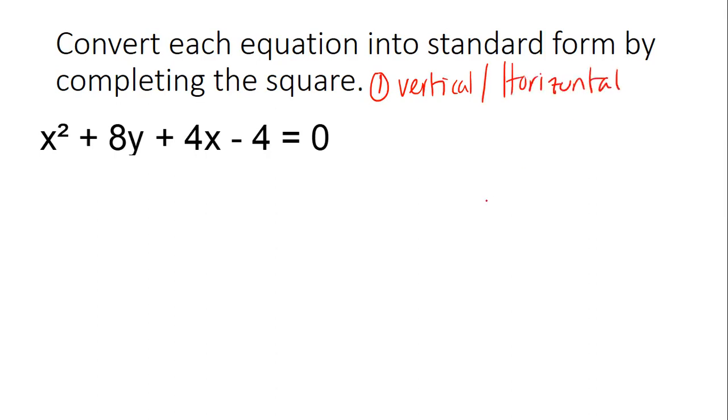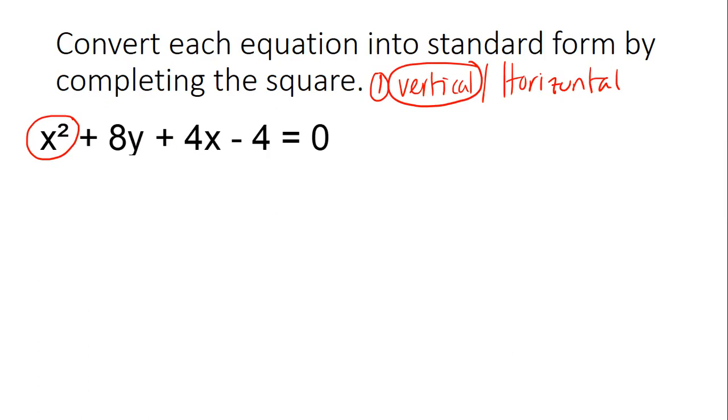By doing that, you're going to identify which variable is squared. When we look here, our variable that is squared is x squared. Because x is squared, we have a vertical. When y is squared, then we have a horizontal.